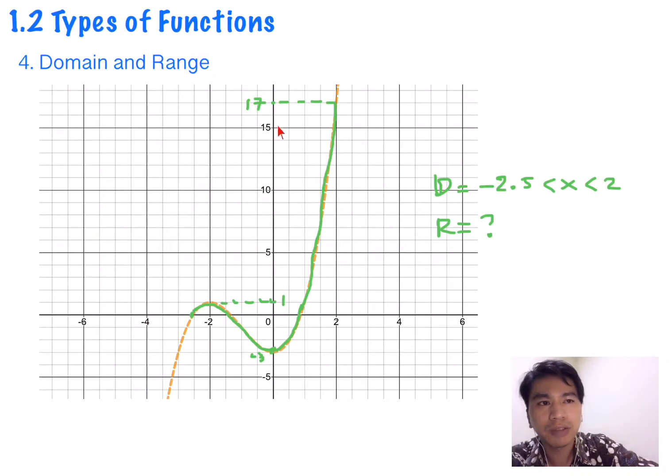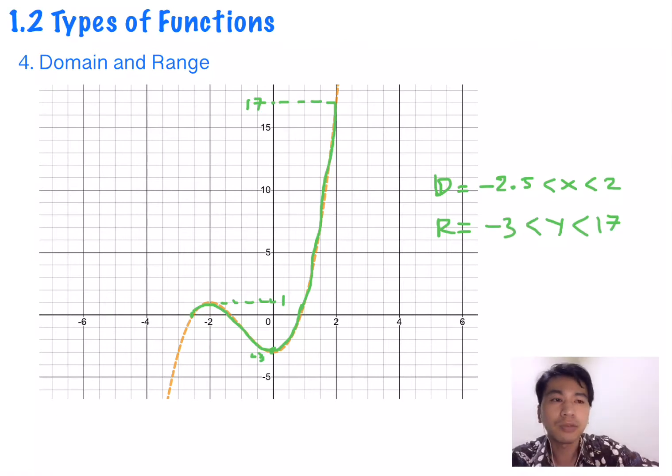So you have 3 values, negative 3, 1, and then 17. But the question still is, what is the range? So the range is the maximum and the minimum point. It ranges from negative 3 up until 17. It's not 1 to negative 3, it's not negative 3 to 0 or 1 to 17, but the maximum and the minimum over here. So there we have it.